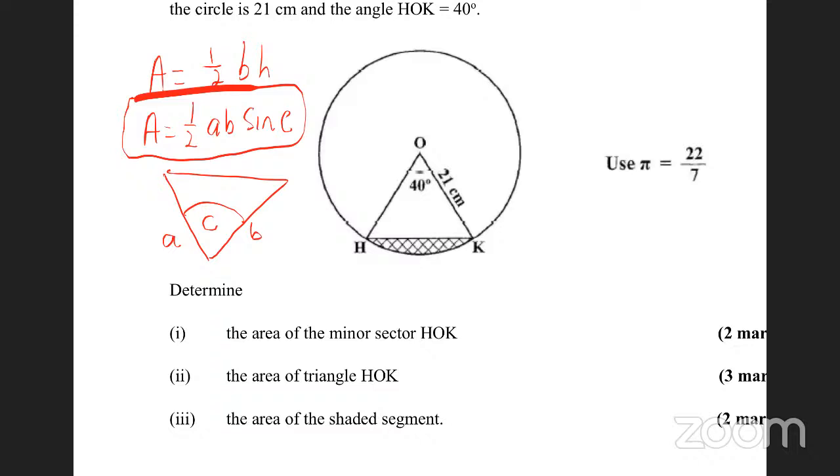Those two formulas, there's a formula for what? Area of a triangle, right? How do you find the area of a sector? That's what we gave at the beginning. Area of a sector is what? Theta over 360 multiplied by pi r squared. Very good.